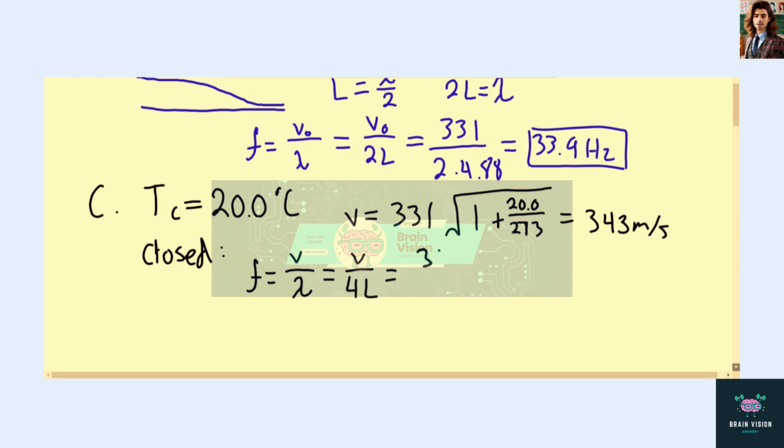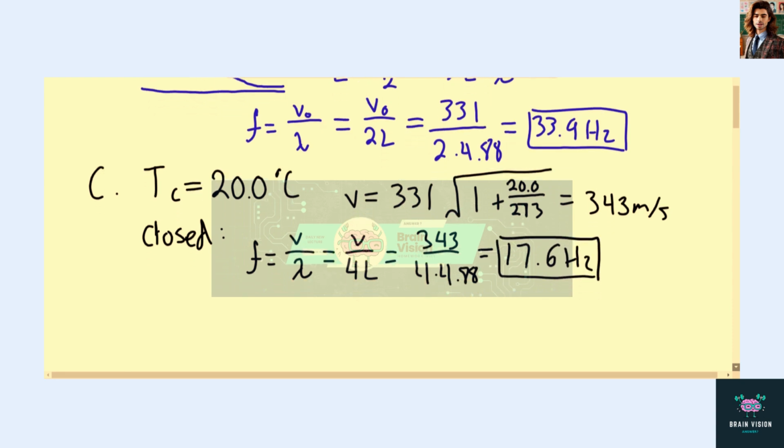And when we plug in our numbers, we get 343 divided by 4 times 4.88. And if you put that into your calculator, you'll get that the fundamental frequency is then 17.6 hertz. And so that's one answer.